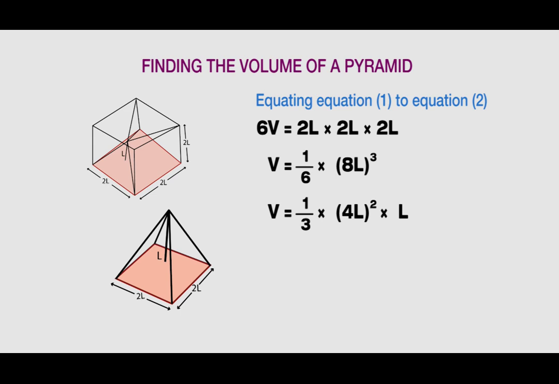We intentionally took out the L for a certain purpose, which will be clearer to you very soon. Again, we can simplify the 4L squared to 2L all squared.